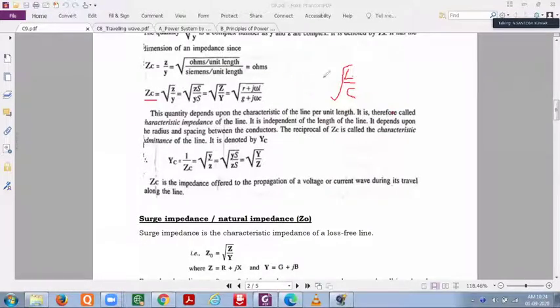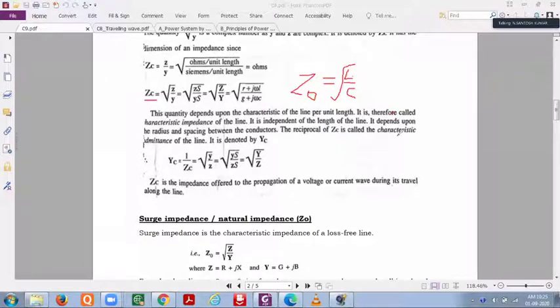Now, for the lossless line, the ratio under root L by C, that impedance I'll name as surge impedance. We call it surge impedance. So how can you define surge impedance?